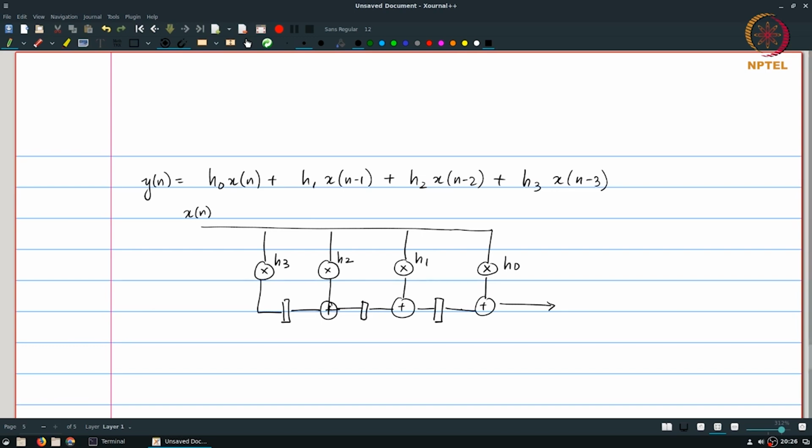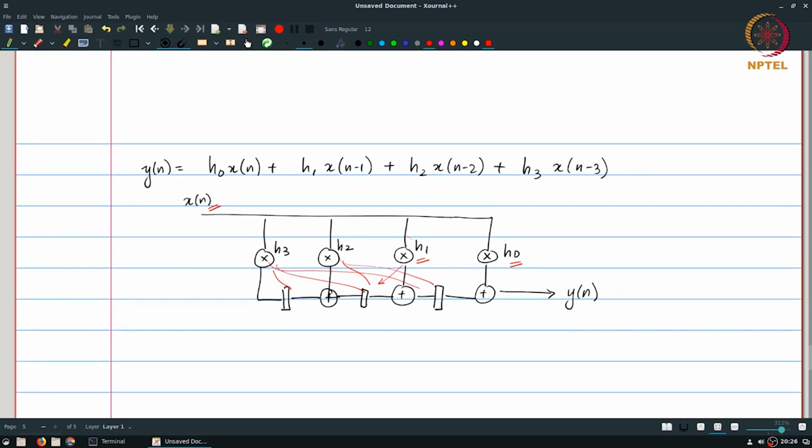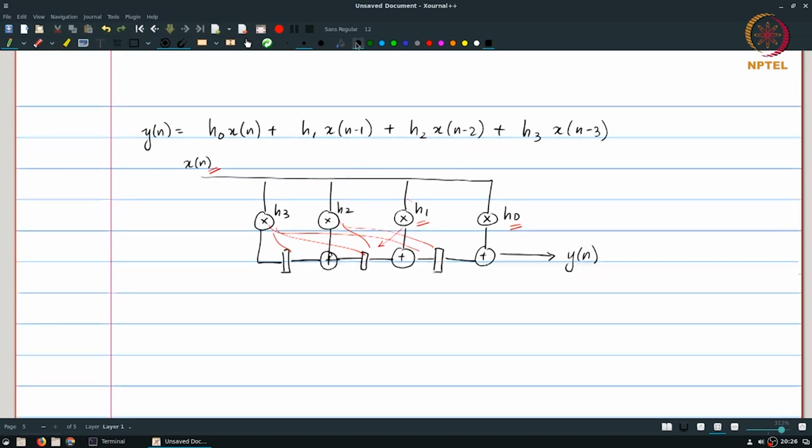So in other words, effectively what we have over here is this y of n that takes h0 into x of n, h1 into 1 delayed version x of n minus 1, h2 a 2 delayed version, and h3 a 3 delayed version of x of n. In other words, it implements exactly the equation that we have above. Now, a 2 parallel version of this architecture could look something like this.